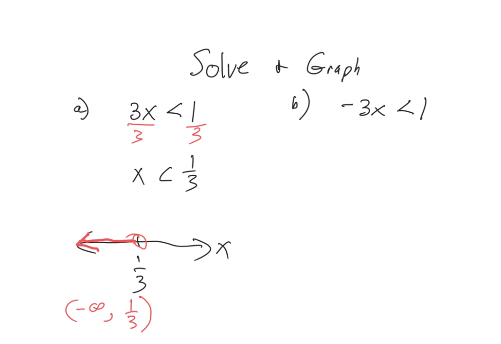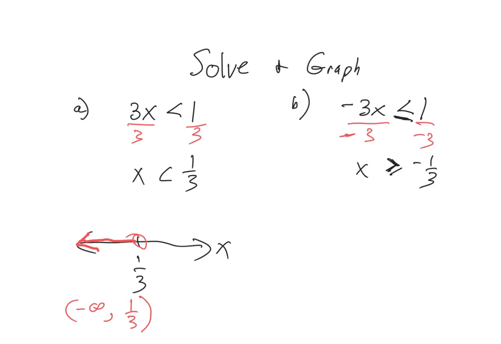So let's actually change this next one to be greater than or equal to. And now, same kind of thing, inverse operations, divide by -3. Here's where a very special rule comes into place that I'm not going to derive for you: when you divide or multiply both sides by a negative number, we are going to switch the direction of the inequality sign as well.